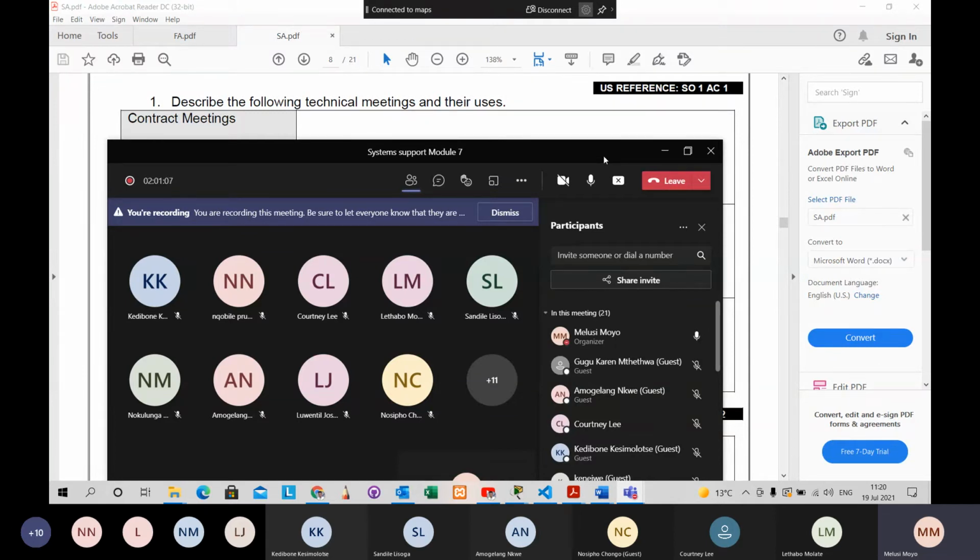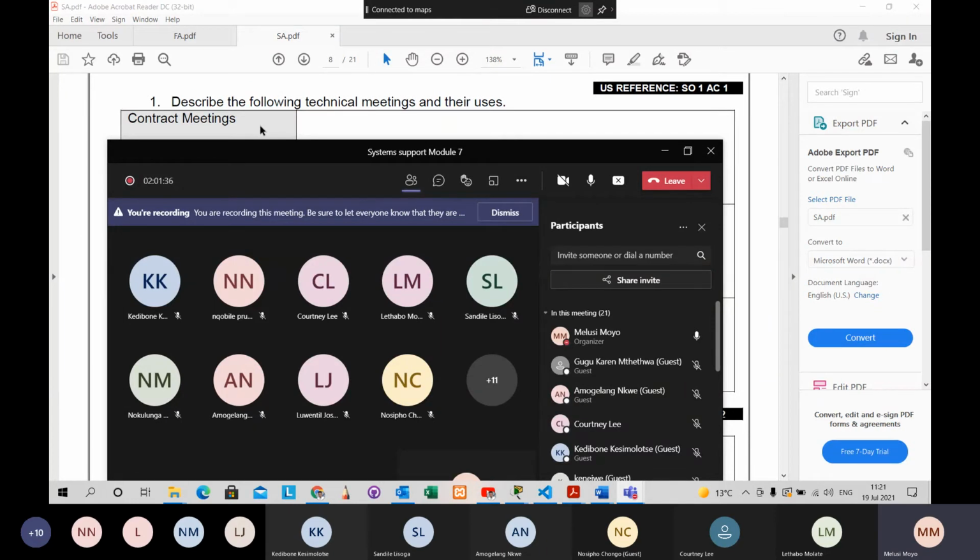Contract meetings might be done with HR whereby we are employing someone and giving them their contract to say, this is your working hours, this is the month that you're going to get paid monthly. But when it comes to our contract meetings on the technical side of things, we're talking about service level agreements, right?